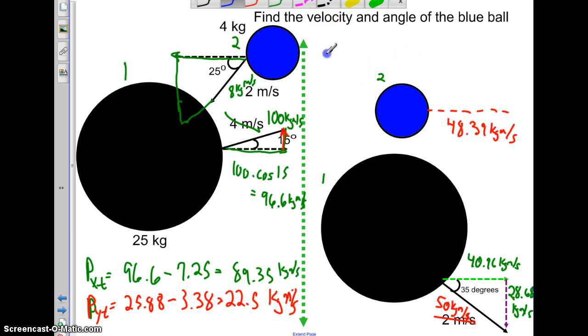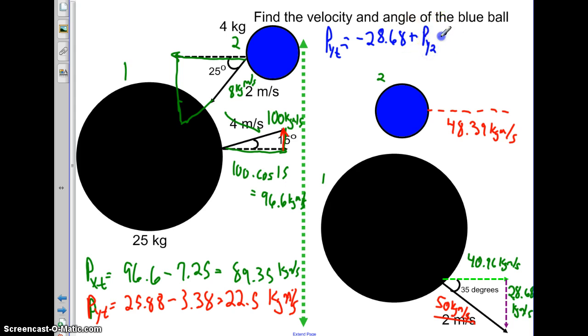So the total y momentum, py total, is going to be equal to, let's just start with this piece, and it's negative, so negative 28.68 plus, I have no idea if this is negative or positive, so I'm just going to put py2, whatever that is. We'll figure out if it's positive or negative in a second.